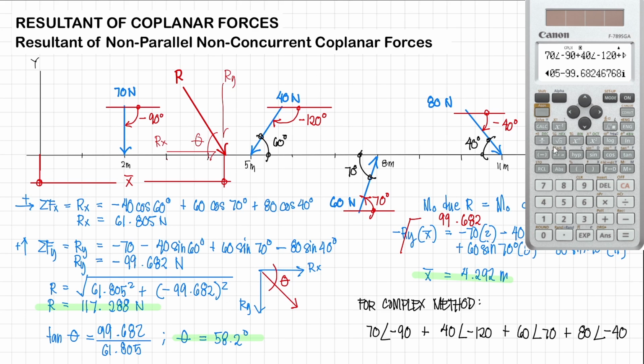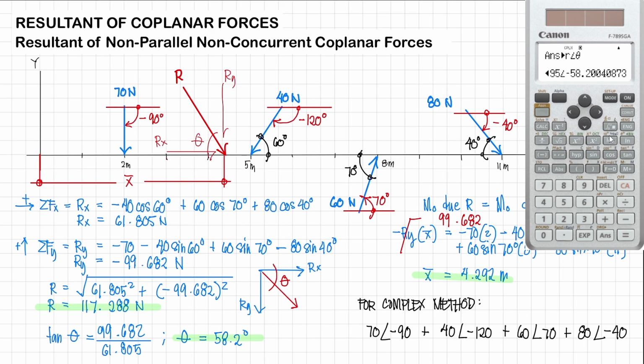And if we want to solve for the resultant itself and the angle of inclination, just click apps and then select one, then click the equal sign. And what we get is the resultant itself, which is 117.288, and then its angle is going to be negative 0.2 degrees.